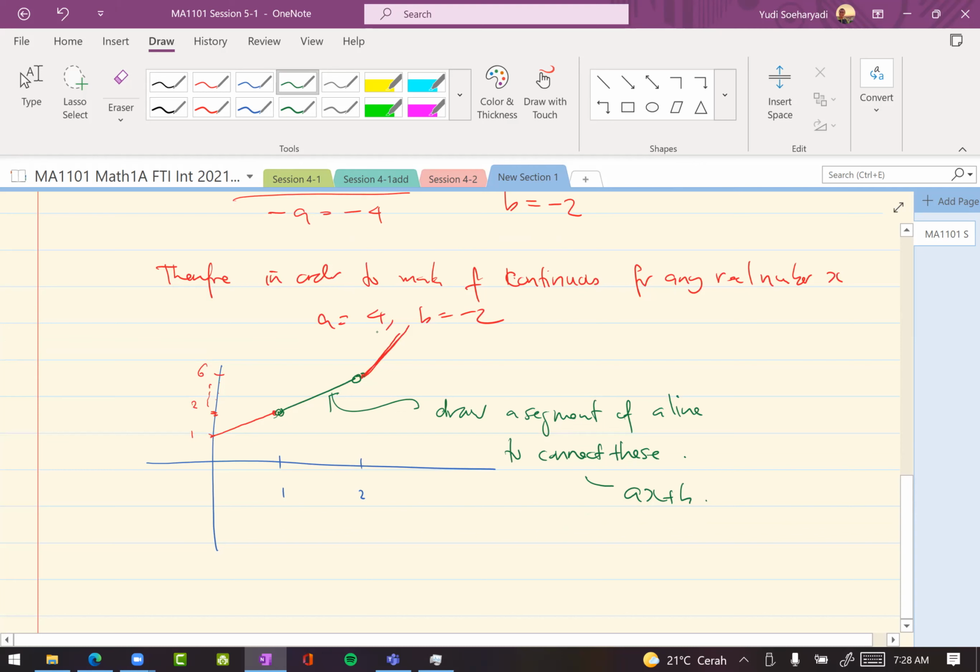Okay, so this is what it means geometrically. Okay, questions? No? All right, so again, let's do one more example.